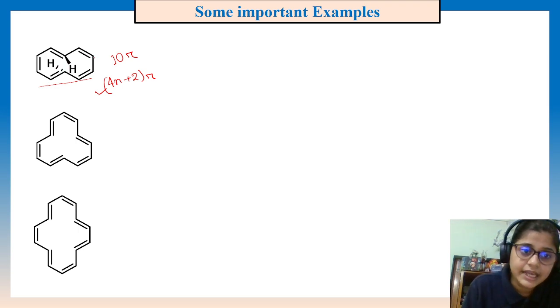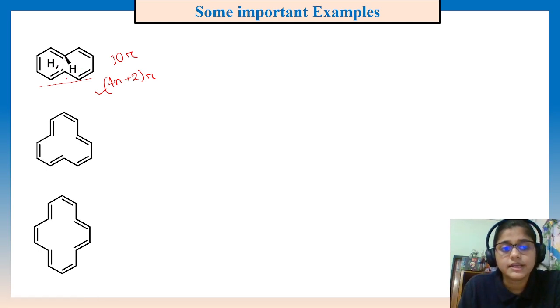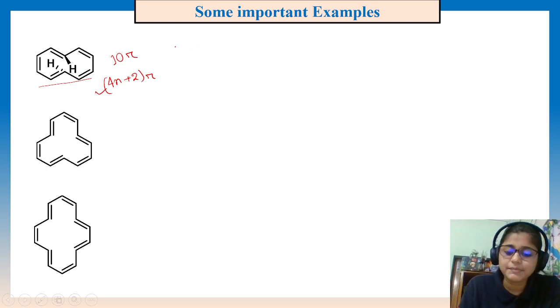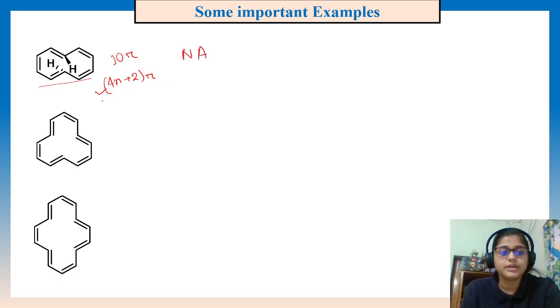For that reason, it goes to a non-planar state. Actually, you can see here, this is upside, this is downside. Okay, so in the non-planar structure, what will happen? Conjugation will be disrupted, and we know that when any of the criteria are not fulfilled, then it will be non-aromatic.